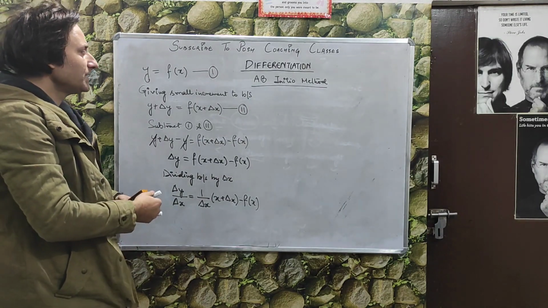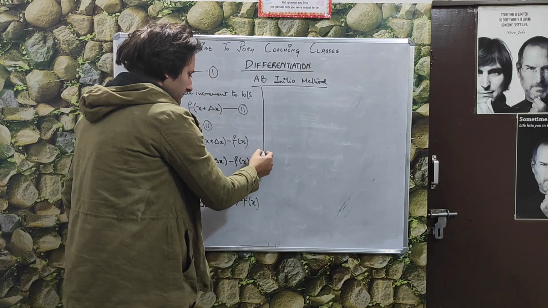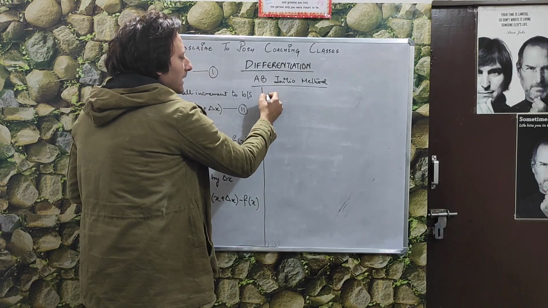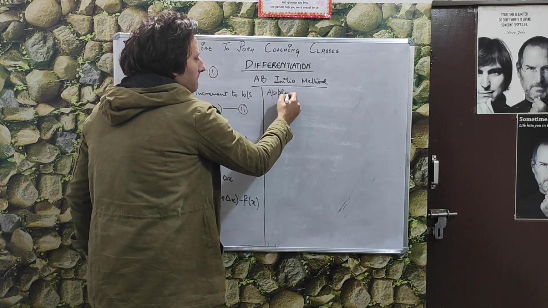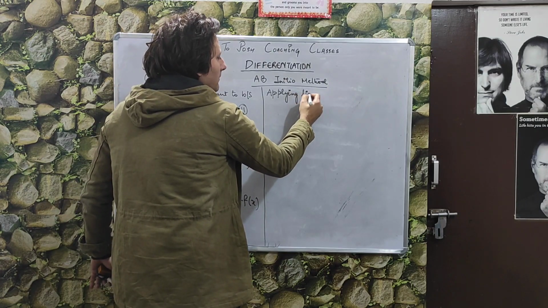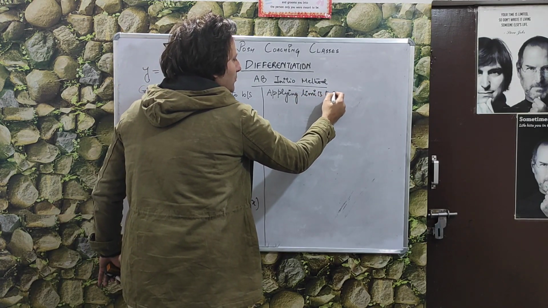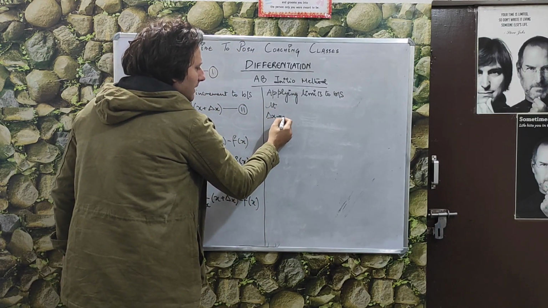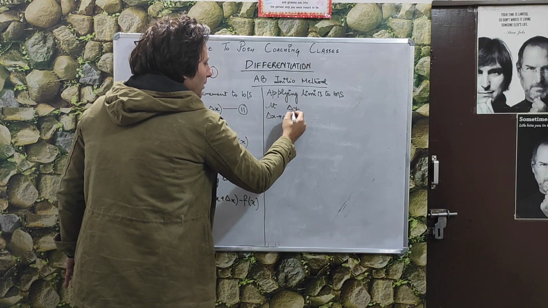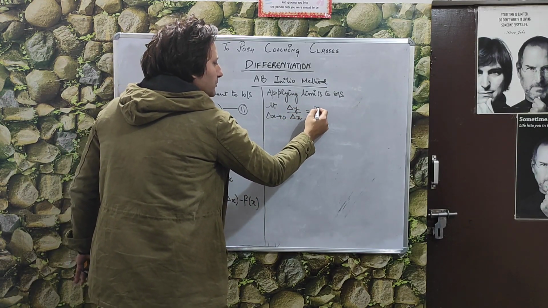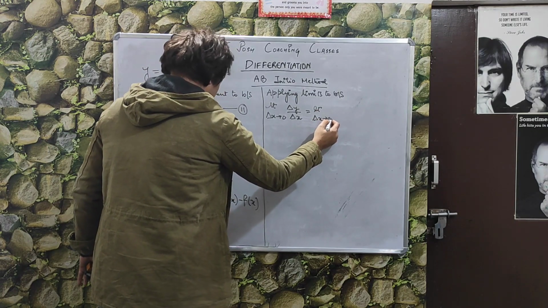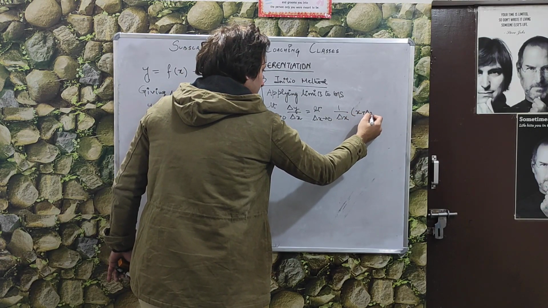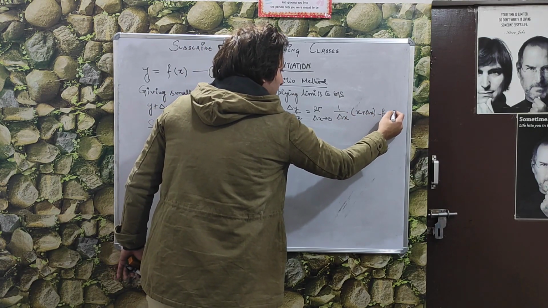So once that is done, before that I will apply limits. Applying limits to both sides. Limit delta x tends to 0, delta y upon delta x is equal to limit delta x tends to 0, 1 upon delta x, f of x plus delta x minus f of x.